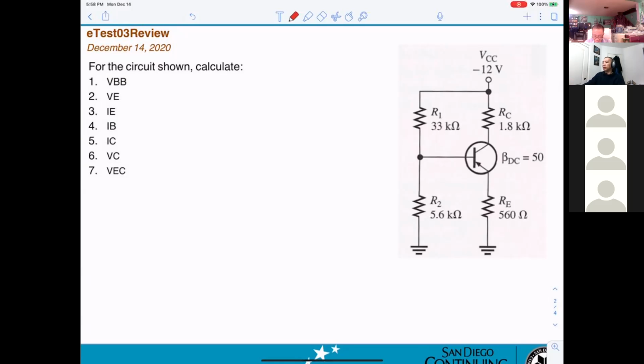If you look into the circuitry, you know that will be emitter, that will be collector, that will be base. So VB or BB, the same word. Okay, minus 12 times R joule.